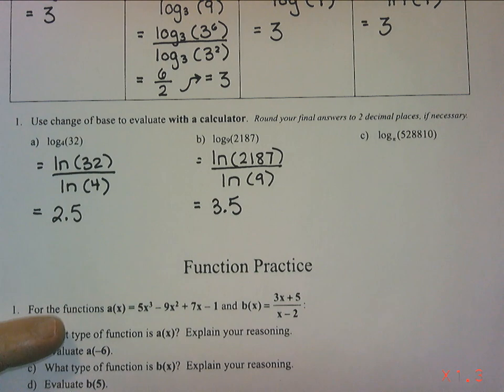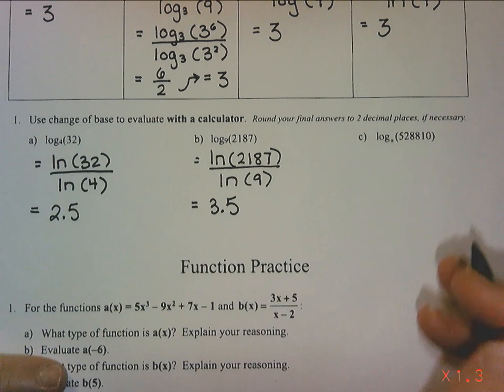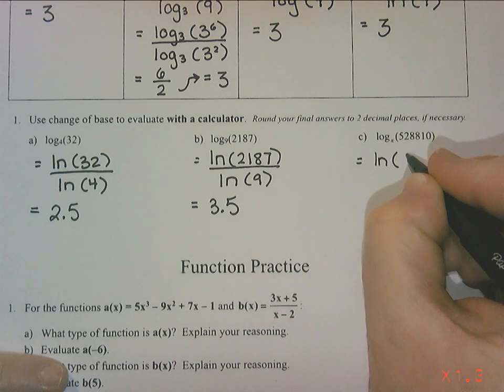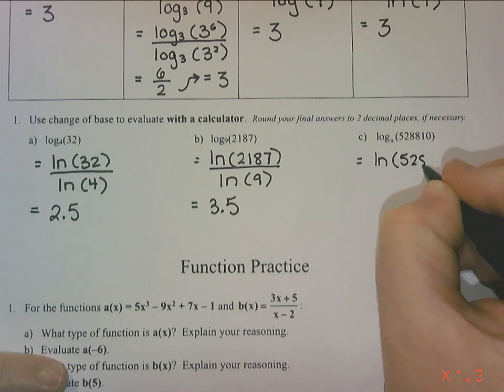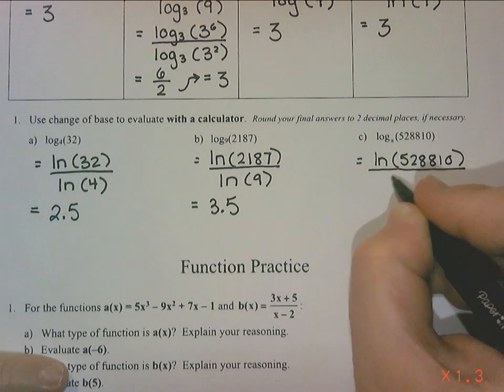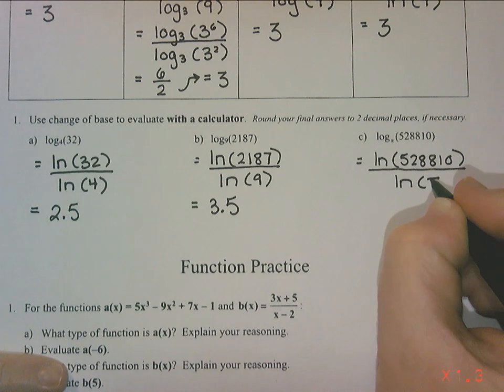All right, last one here, I have log base pi of 528,810. Same thing, I'm going to change this to ln. You could just do log. So I'm going to do 528,810 on the top, and then ln of pi on the bottom.